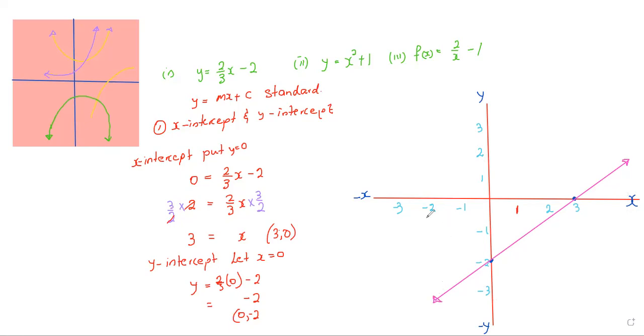Right. Now we need to draw this parabola here. From the initial graph we had in the previous lecture, y is x squared, which was that.